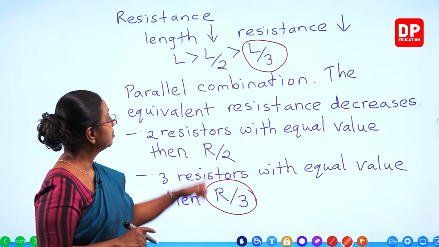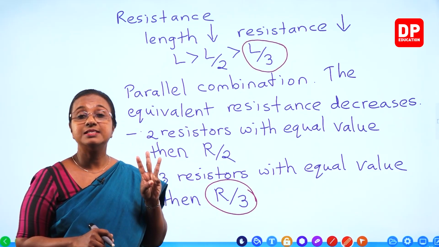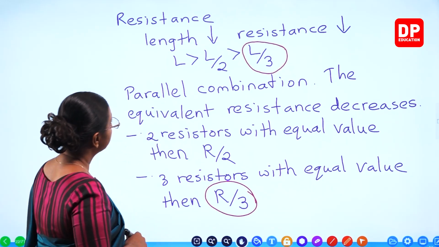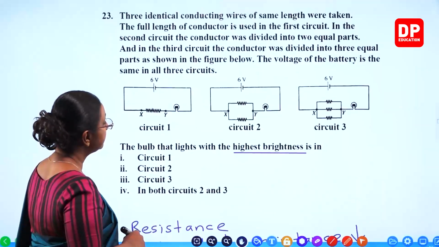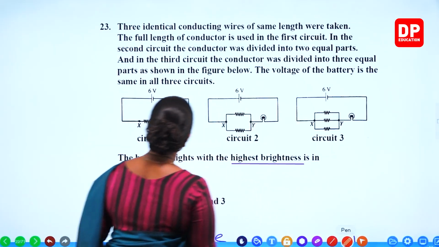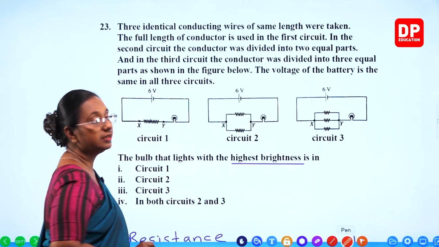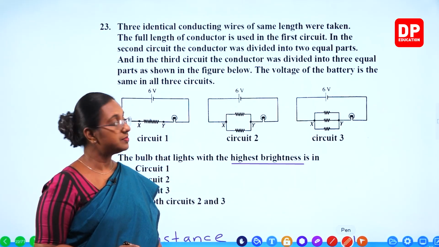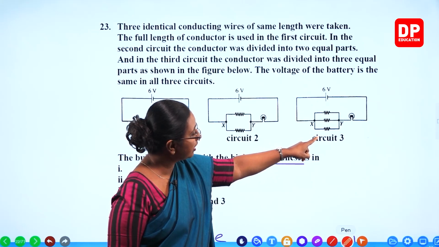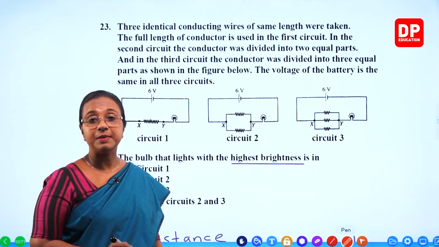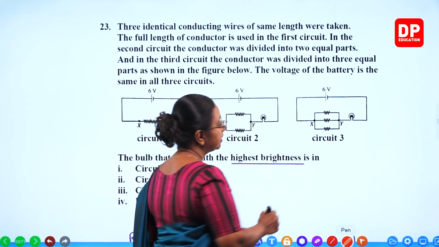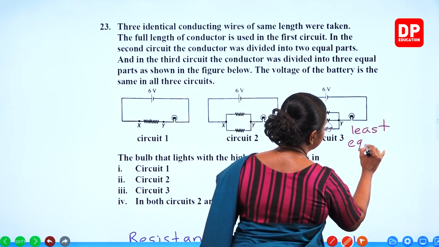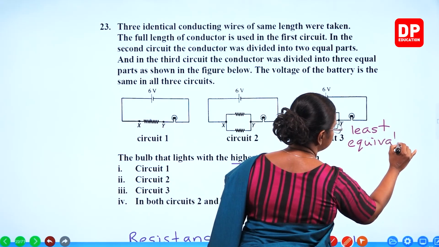So that means overall the third circuit has the lowest resistance. So now look at the circuits here. Full length of the conductor. Conductor divided into 2 halves, conductor divided into 3 halves and connected in a parallel manner. So the circuit with the least equivalent resistance.